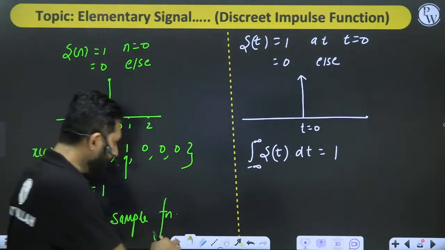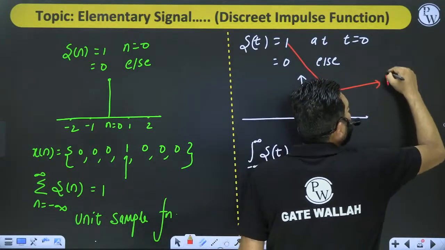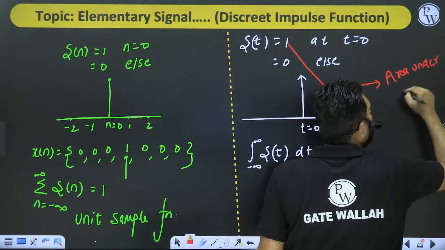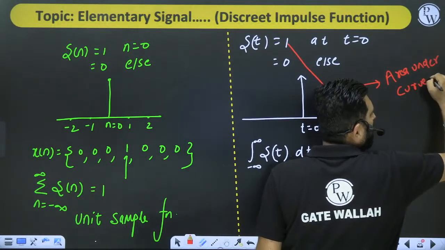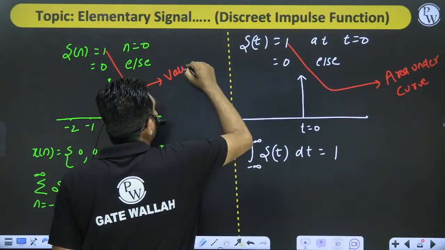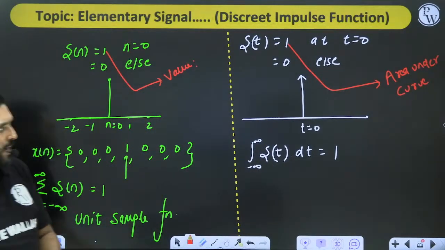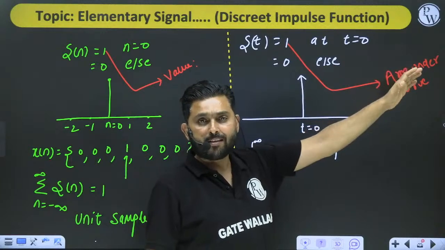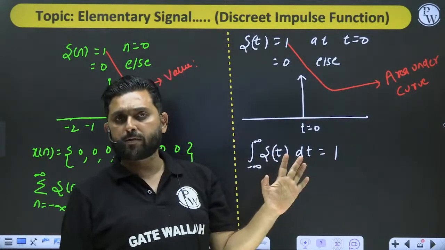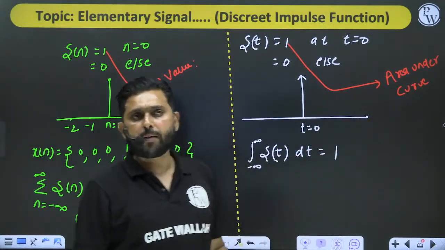But mind it, this 1 is its area under the curve. But in the discrete case, this 1 is its value. So this is the value function, and this is the area function. This is the difference between a continuous impulse function and a discrete impulse function. So there is a finite difference between them.